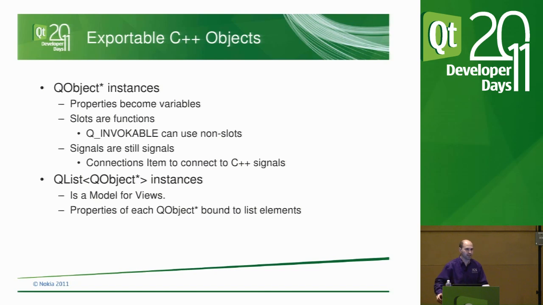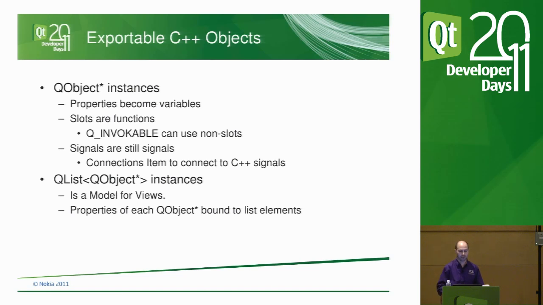Slots are functions. Now, sometimes when you're designing your C++ so it can be used in C++ and QML, there are some things like functions with return types that you generally don't want to be slots, but you want them to be invocable from QML. So you can use the Q_INVOKABLE macro in front of the signature rather than putting it in a slots section.